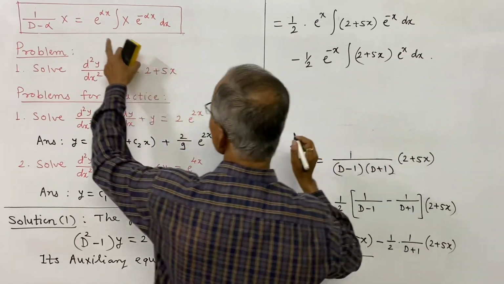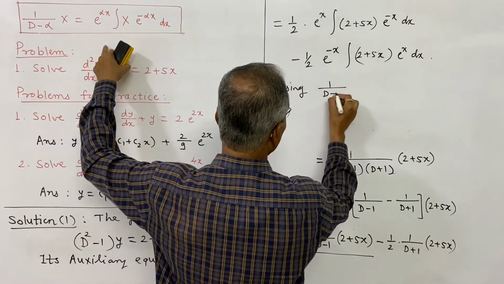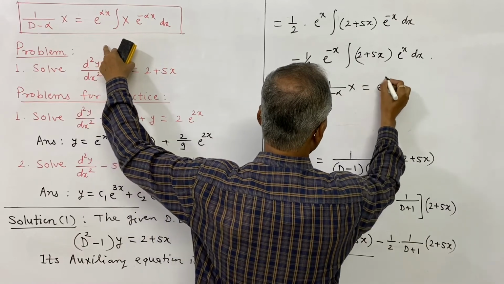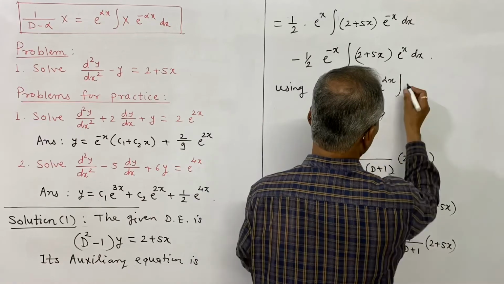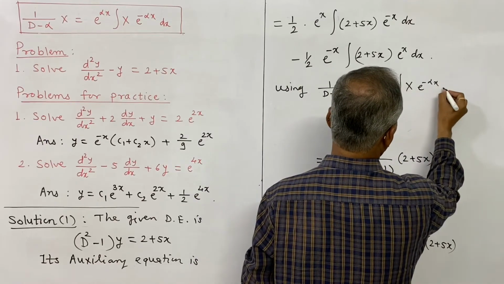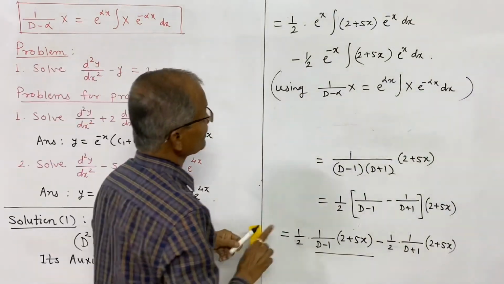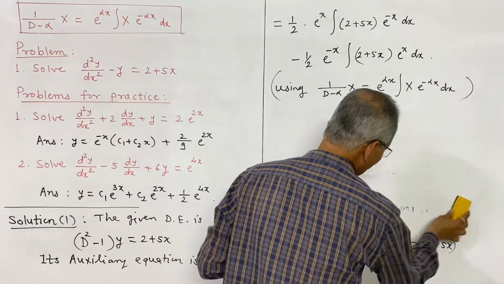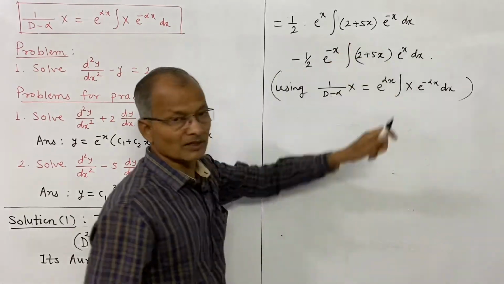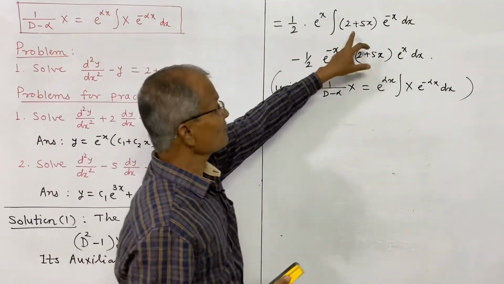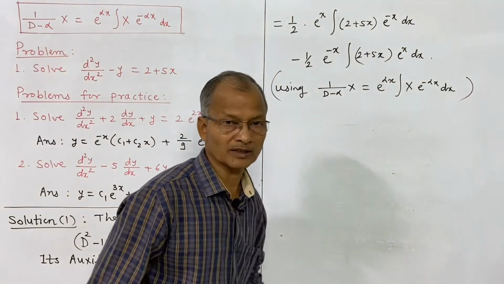So using this formula, we have used the formula 1 upon d minus alpha operated on X is equal to e power alpha x integral of capital X into e power minus alpha x. This formula is used, and further it is to be evaluated. See the evaluation of this integral, and it is clear that it is a product of algebraic and exponential function. We have to use integration by parts.